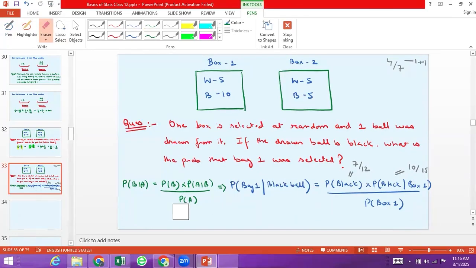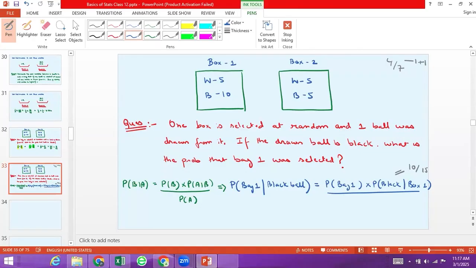I'll just change it. If your probability of bag 1 given black ball was the same as probability of bag 1, the bag 1 will be on top. This is what I've done wrong. It is the probability of black ball given that bag 1 is chosen.